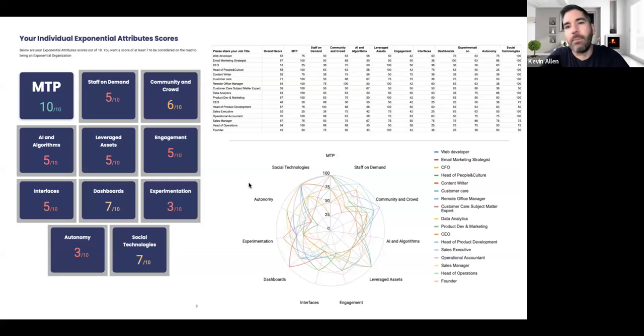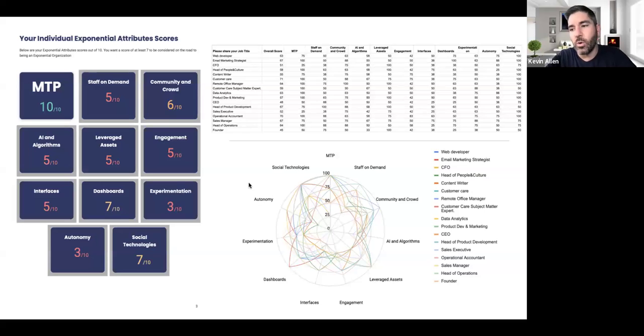new format. If there are folks on the call that have gone through the consultant certification, for example, you may have used the EXQ, which was built into the Open EXO platform, and that is still available.